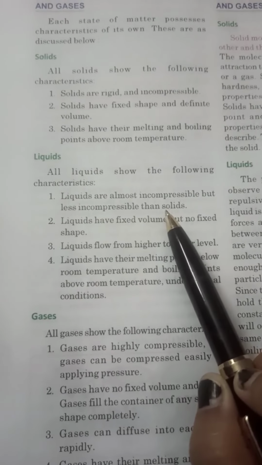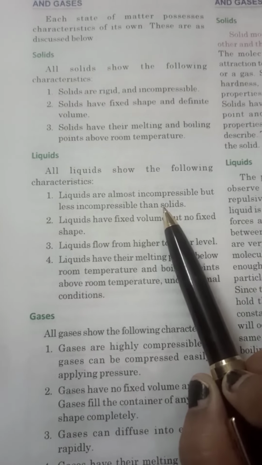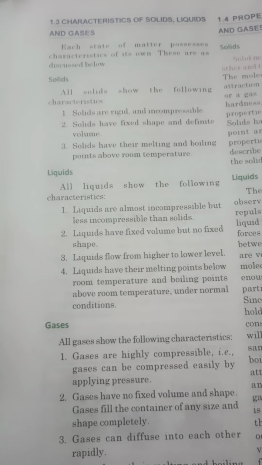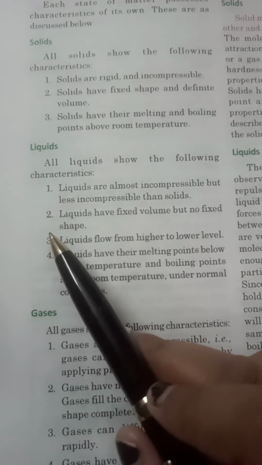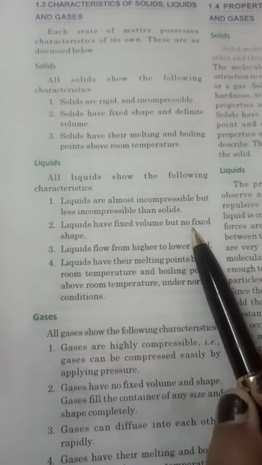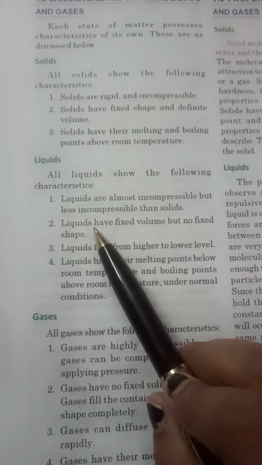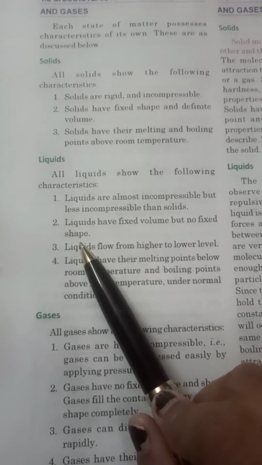As an example, if I fill liquid in a balloon, I can easily compress the balloon, I can easily change the shape of the balloon, right? Now second point is liquids have fixed volume but no fixed shape. Liquid volume is fixed but their shape is not fixed.